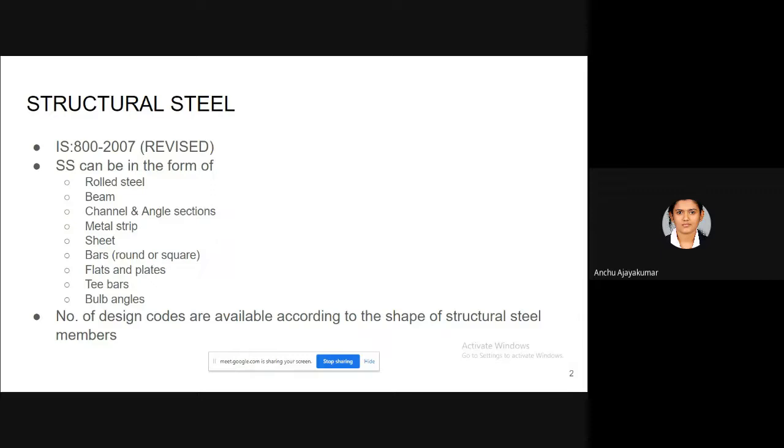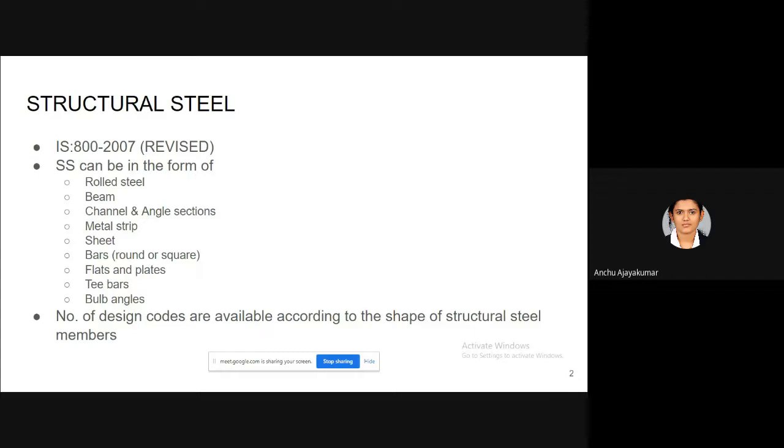So what is structural steel? We go for steel structures to improve our construction methods, reduce time consumption, and reduce wastage. Moving from concrete to steel, we have many benefits. We use this particular code for the design of structural members. Structural steel is available in different forms, like rolled steel beams, channels and angle sections, metal strips, sheets, bars, which can be round or square, flanges and plates, T-bars and bulb angles.